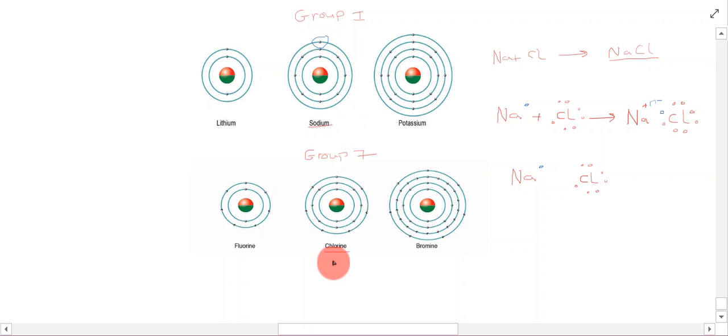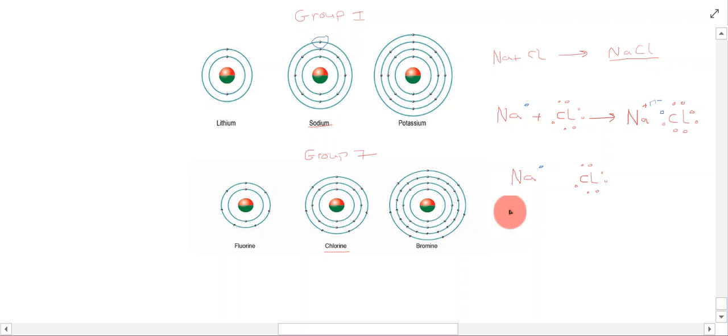Now what's going to happen is, when it comes into contact with chlorine, the nucleus within chlorine is going to exert a force on this outer electron. The pulling force by chlorine is going to try and pull off this electron, and the screening force by these electrons is going to be pushing it away.